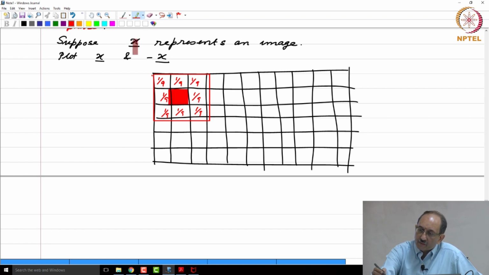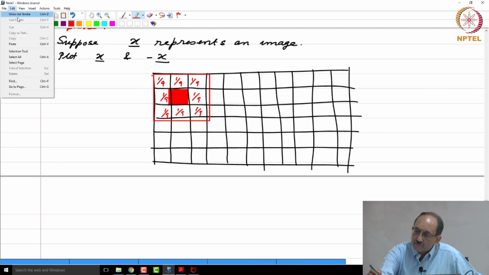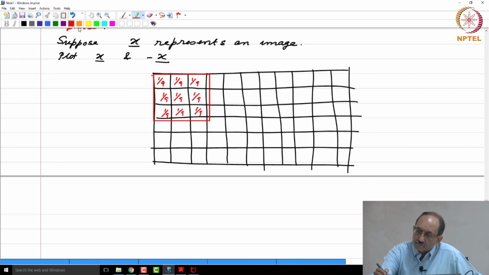This is where you will place it. Now, if you go back and look at this, what we have done is we have actually placed it at the center of the filter, and this is the analog of placing the output at n minus 1 by 2.